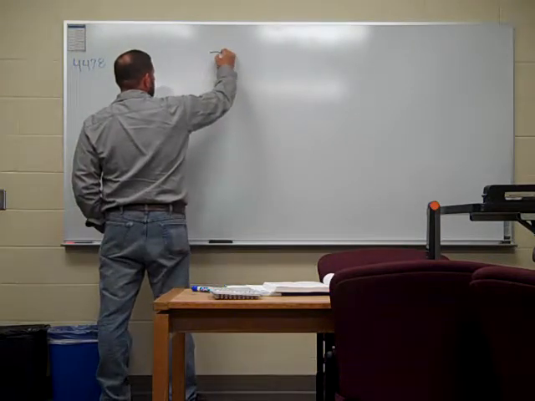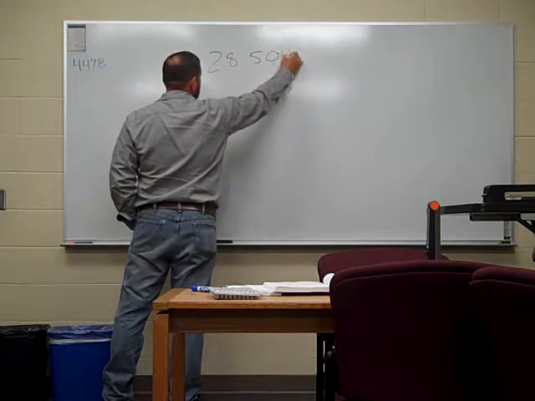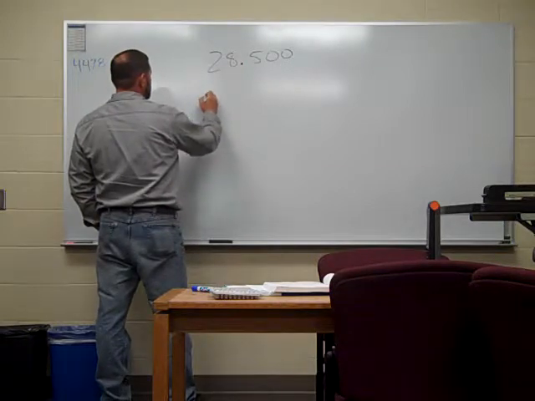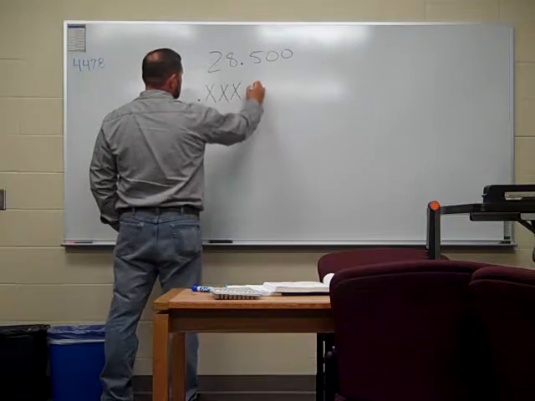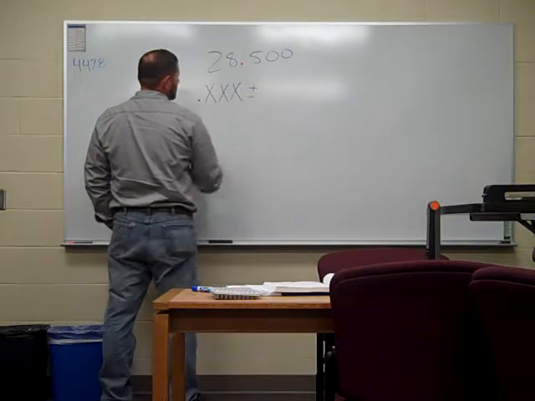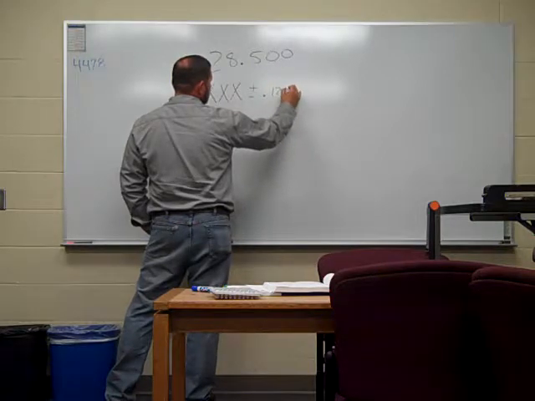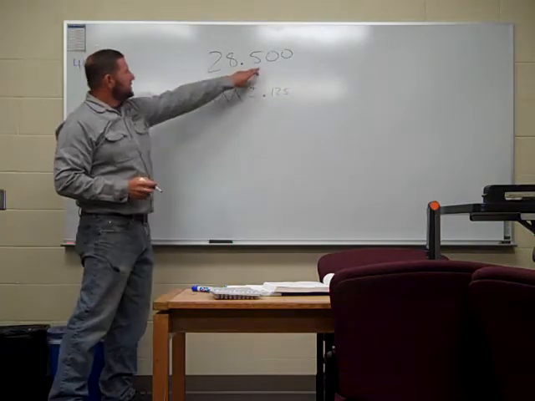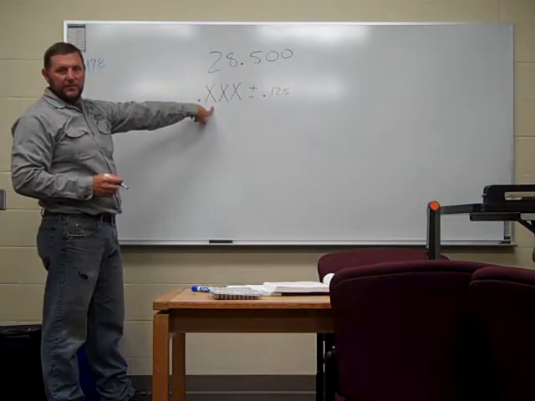Let's use the same example, 28.500. Now I have 3 decimal places, so I have 3 X's there. Plus or minus 0.125, 1/8 inch. Since there's 3 decimal places here, that is applying to the general tolerances with 3 decimal places.